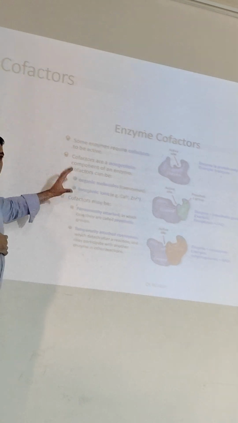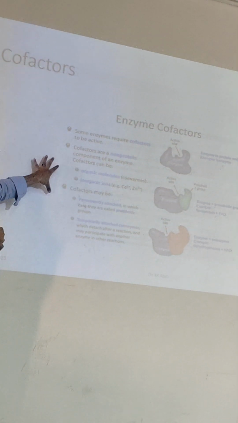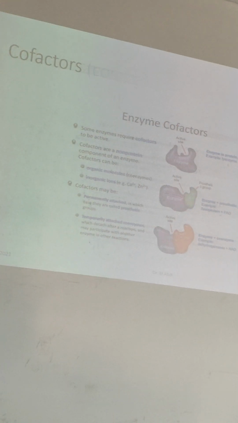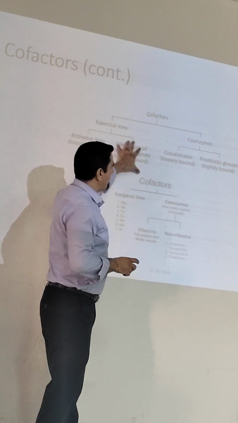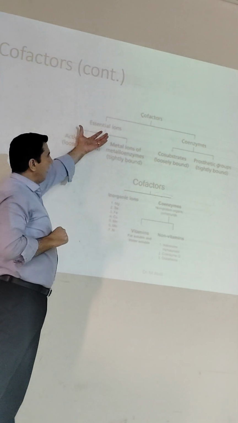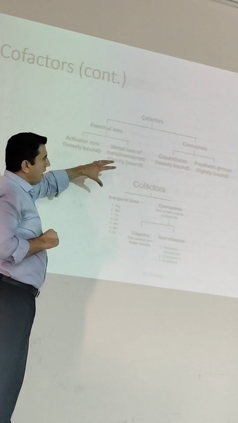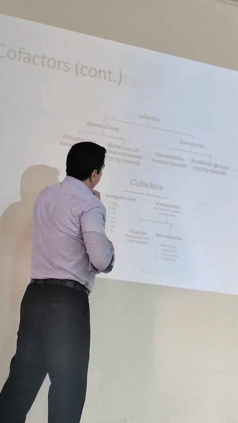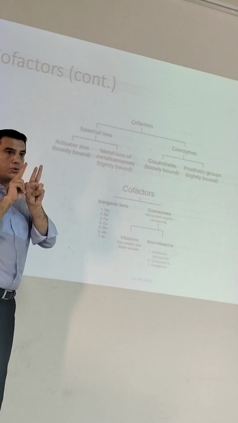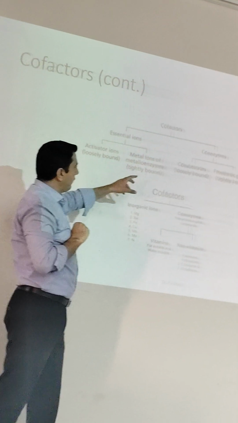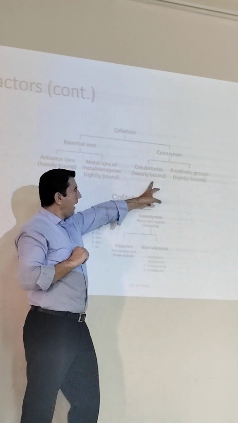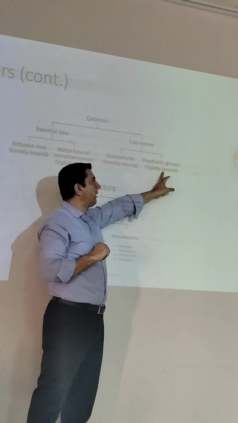So enzymes need cofactors. We have two types of cofactors. The first type are coenzymes. The next one are essential ions. Both coenzymes and essential ions exist in two forms: loosely bound and tightly bound.